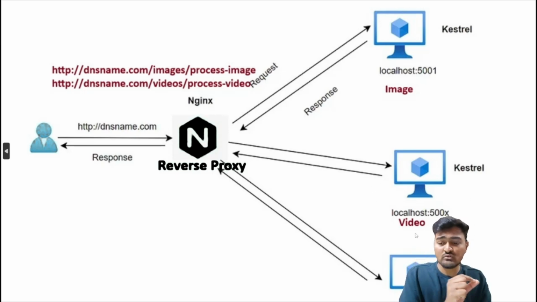Your video service is running on 5002 and your image service is running on 5001. These are different servers, different services, right? So your reverse proxy, your Nginx, will decide which server should handle this API or URL.